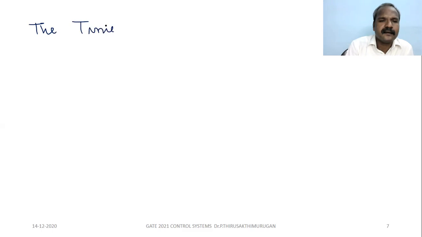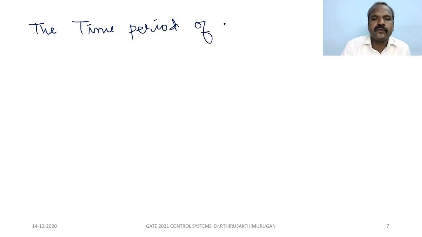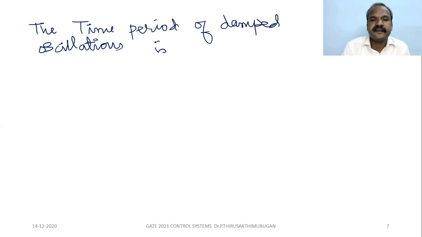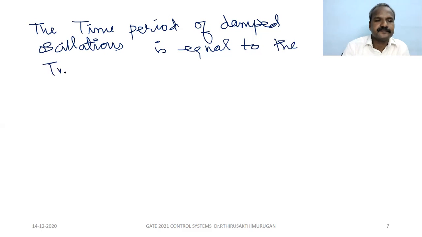So the time period of damped oscillations is equal to twice the peak time.